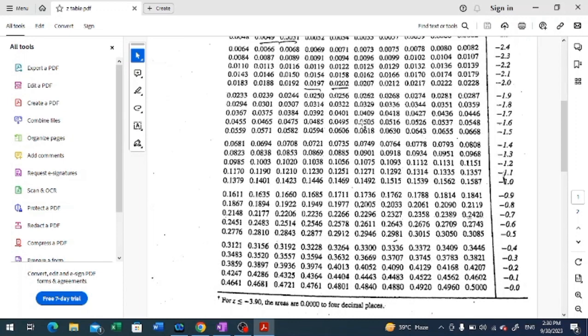So what we can do, we can read the location of these two probabilities in z terms. So that's minus 1.64 and minus 1.65. We go for the average of the two values.